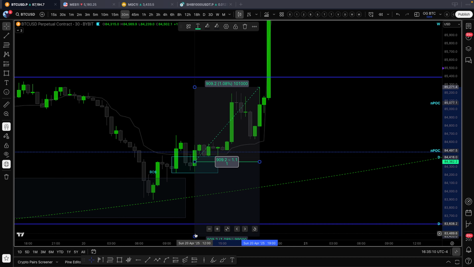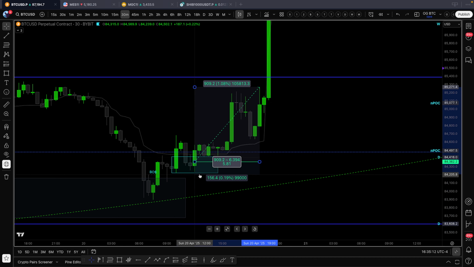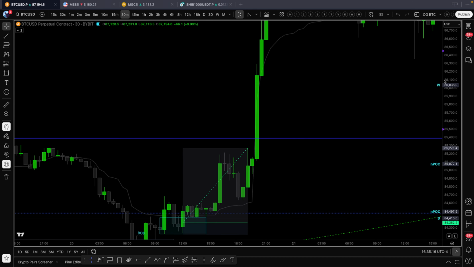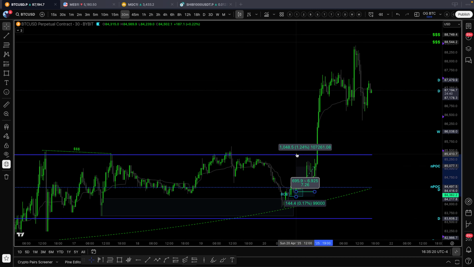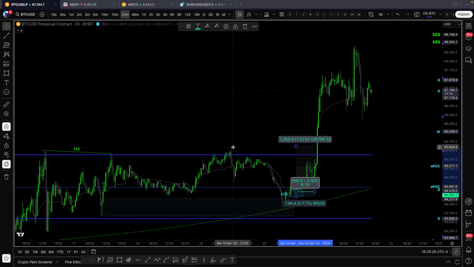We can take a long from that area, put the stop underneath that block, and then come back and target these highs, which would have given you an 8.8R. And that's just going towards these highs.